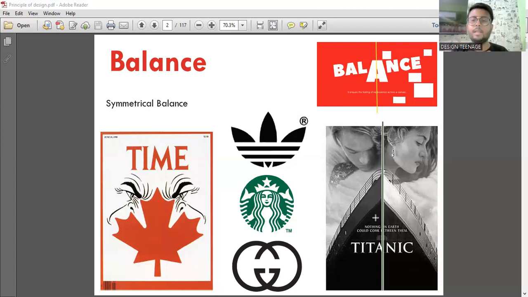Okay. So similarly, if I am talking about, let's assume, this particular poster of Titanic, this is presently a symmetrical composition, but this composition could have been made easily asymmetric. Let's assume on the left hand side of this deck, consider these things as people who are standing on the deck and watching something.